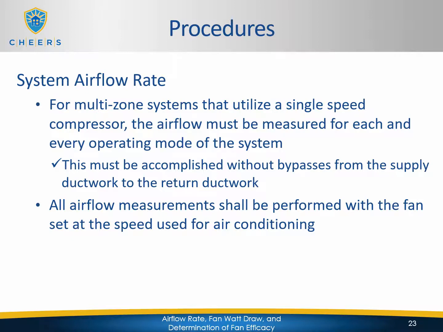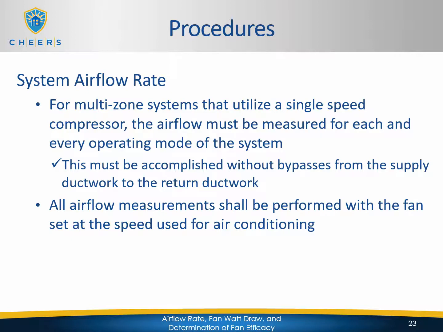Now, what do they mean by every operating mode? So for a multi-zone system, you will have two or more zones within the home. For example, a living zone and a sleeping zone, could be an upstairs and a downstairs for a two-story home, but it's going to have multiple zones. So what you must do is test it with each individual zone operating.